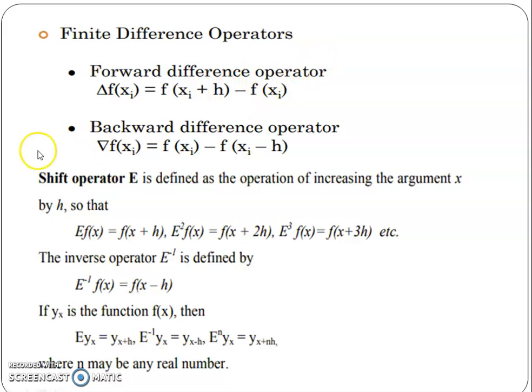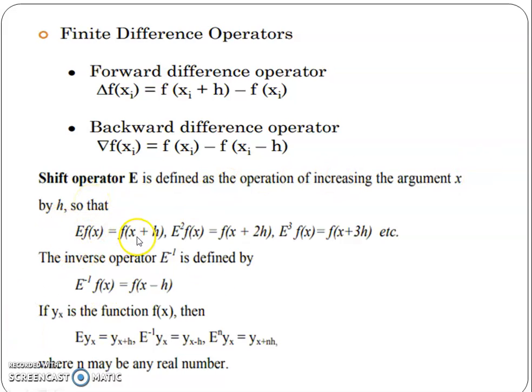The finite difference operator del of f of xi is simply the second value minus the first value, that is f of xi plus h minus f of xi. Whereas the backward difference operator del f of xi is equal to f of xi minus f of xi minus h. Whereas the shift operator is defined likewise.